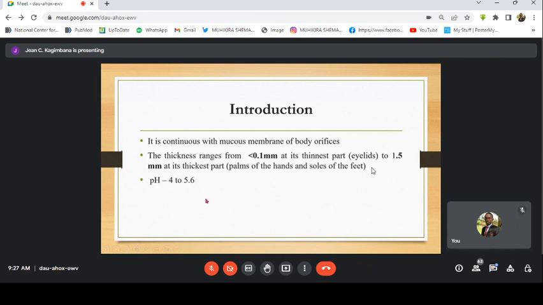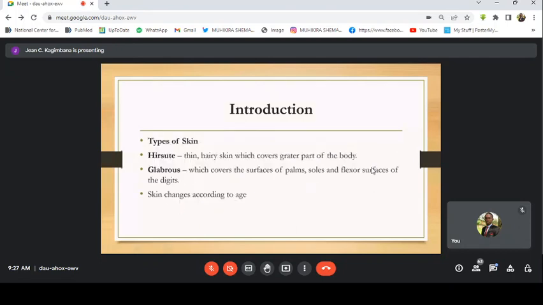Now it has a pH ranging from 4 to 5.6. The type of the skin in terms of hair presence or not. When we have someone who has many hairs, of course, this is hirsutism. There are some conditions where the disease may cause people to have many hairs at areas where there is usually no hair.